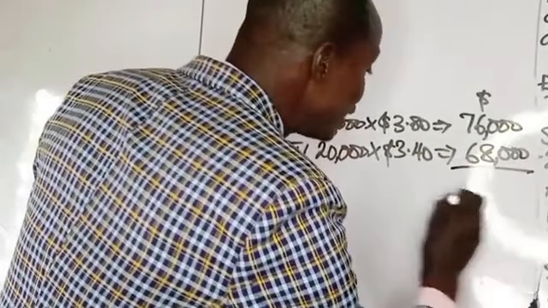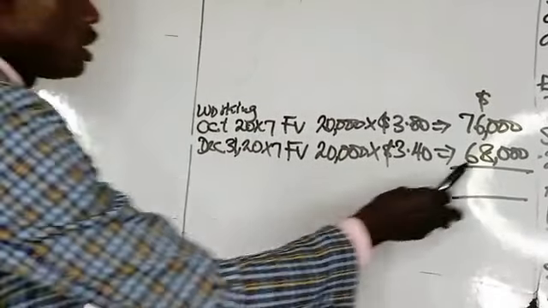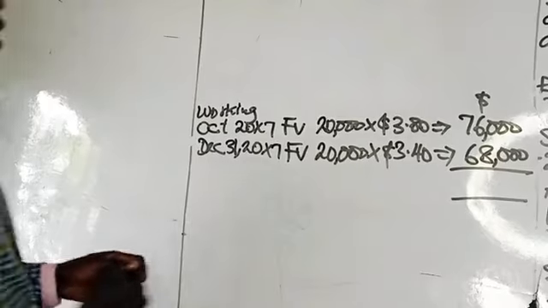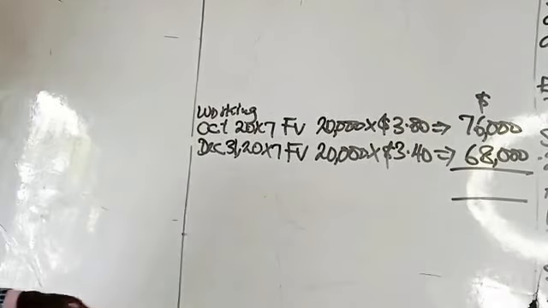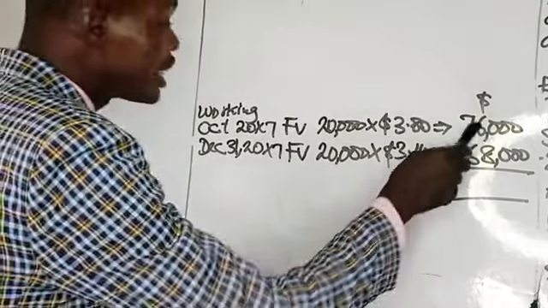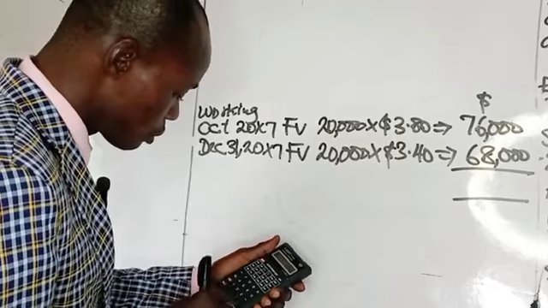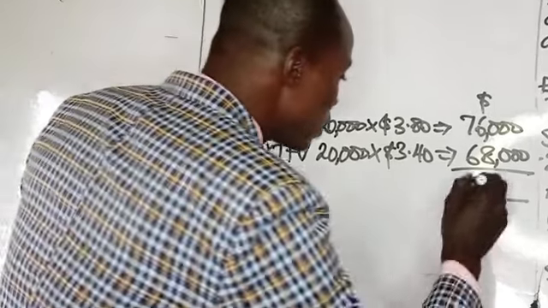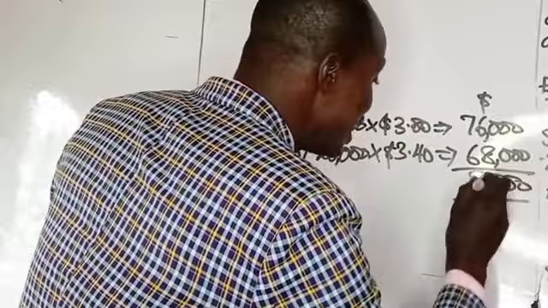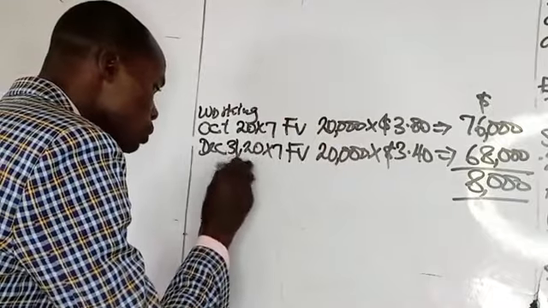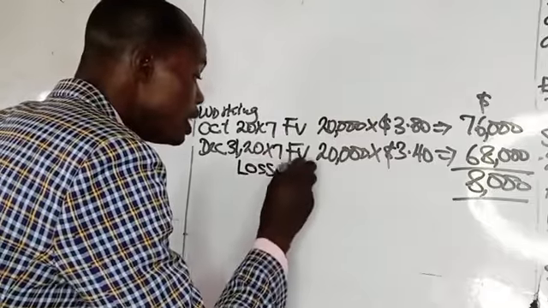If you look at the value at the reporting date, it is lower than the value at acquisition. Then that means you have a loss. 76,000 minus 68,000, we have 8,000. That is the 8,000 that is loss on investment.